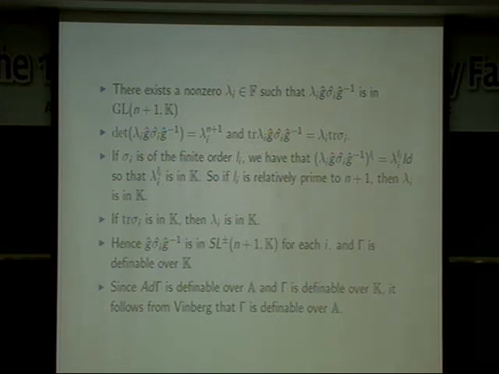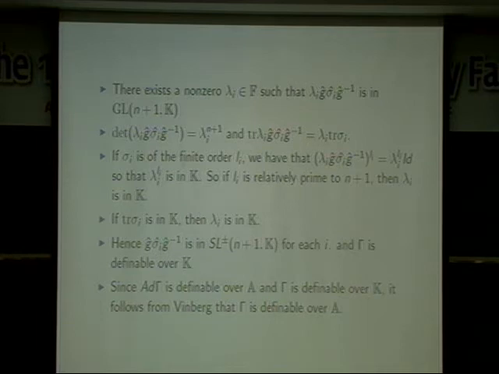So G hat sigma I G hat inverse is in SL plus minus n plus 1 K for each I. And gamma is defined over K if our condition is satisfied.